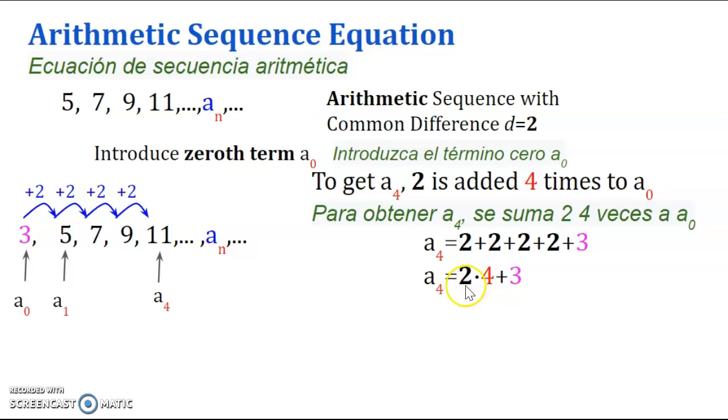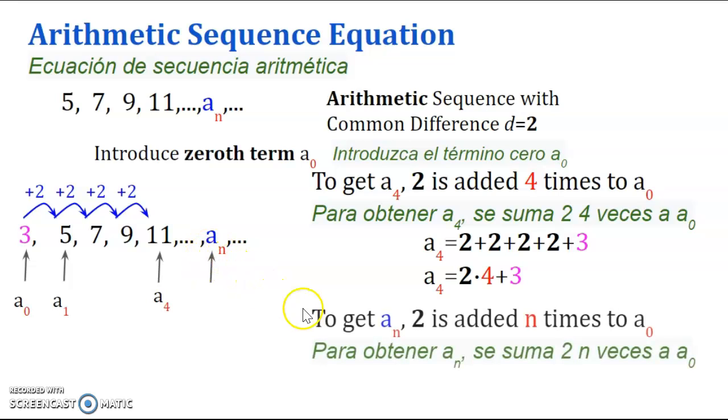That's not a coincidence. If I was to go for the fifth term, a sub 5, I am going to be adding 2 five times, or 2 times 5, and then to that I am going to add the zeroth term. So I can generalize it for a sub n, the nth term. To get the nth term, a sub n, 2 is being added n times.